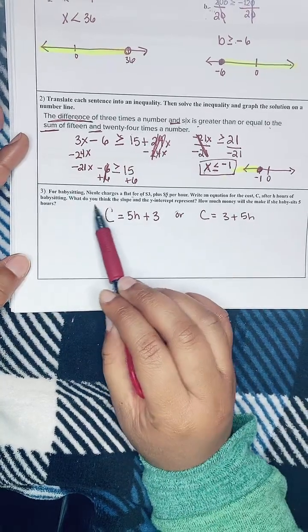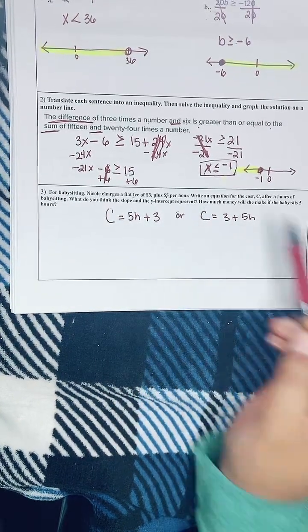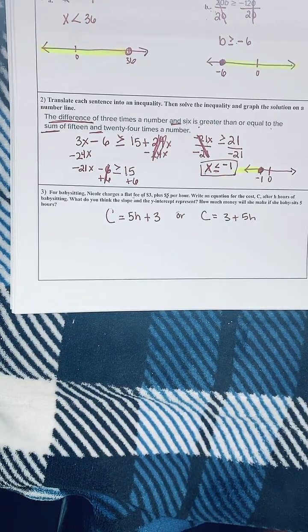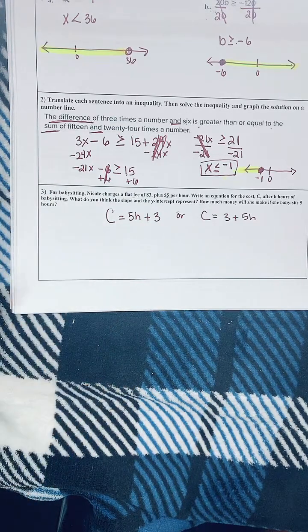So now it says, what do you think the slope and the y-intercept represent? What does the slope represent? Does anybody know?